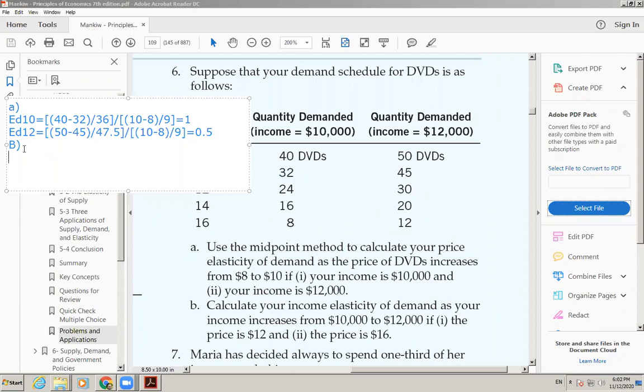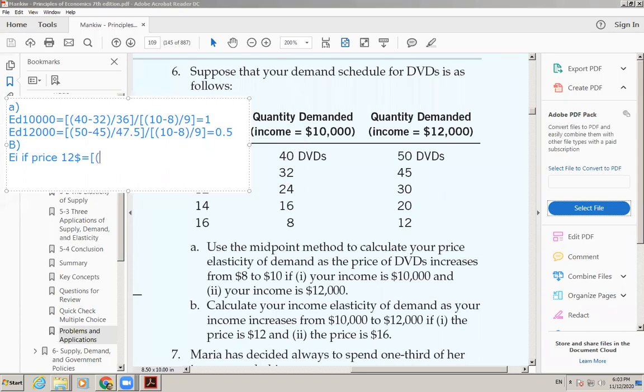So it changes from 24 to 30. So income elasticity, when the price is $12, this is 10,000, this is 12,000.